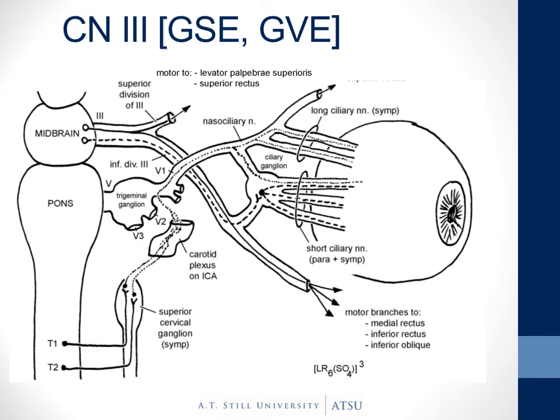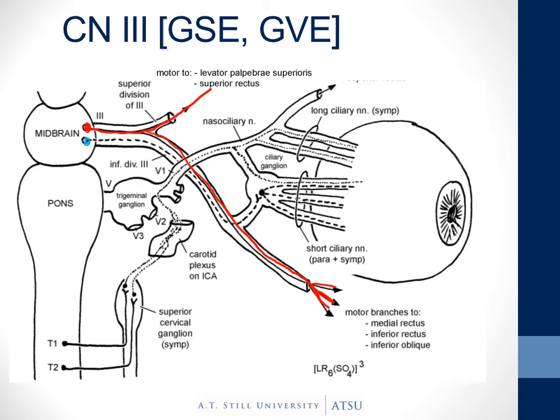This is a schematic that shows the same thing that I just drew on the previous slide. Again, you have lower motor neurons leaving the midbrain, carrying motor to the muscles of the extrinsic eye. They divide into superior and inferior divisions and go to the muscles labeled there on the slide.